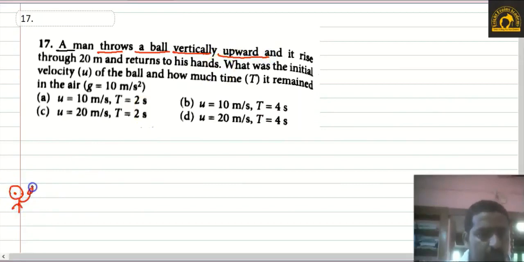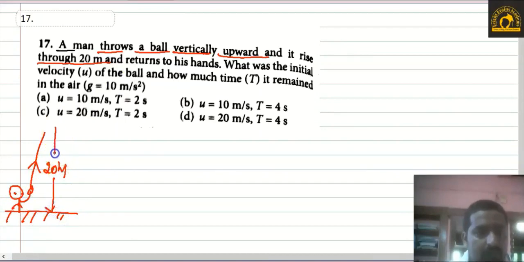The man throws the ball vertically upward, and it rises through 20 meters, and returns to his hand. Okay, it returns to his hand.